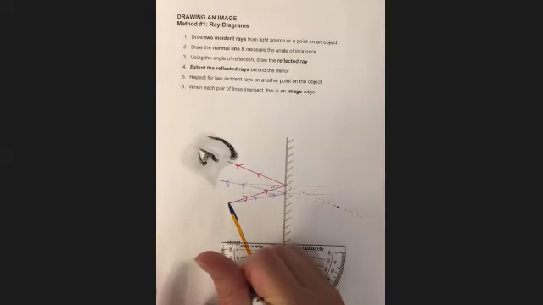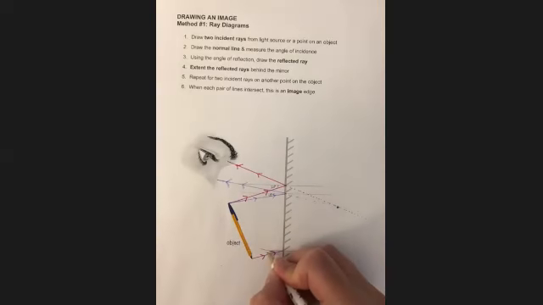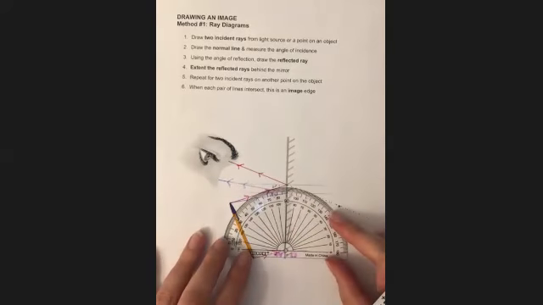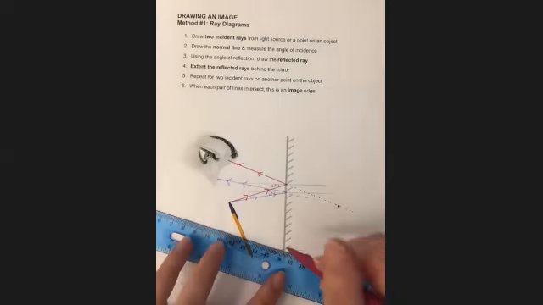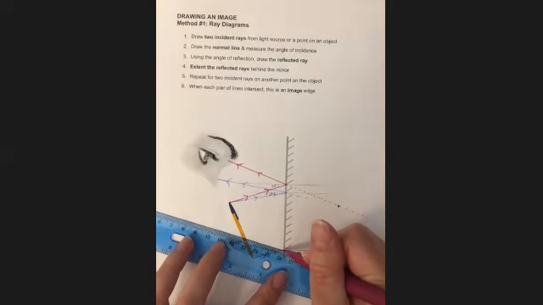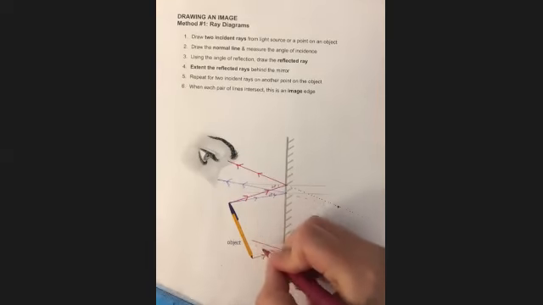And that is 15 degrees. Now I'm going to flip my protractor and measure 15 degrees on the other side of the normal. So my reflected light ray is up towards here.